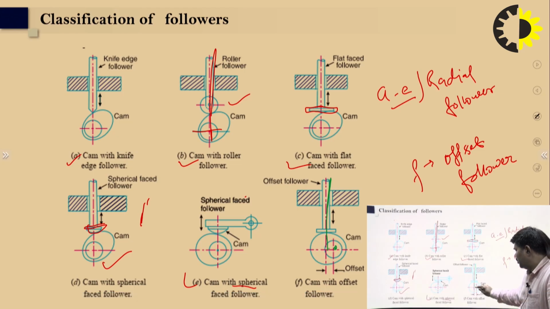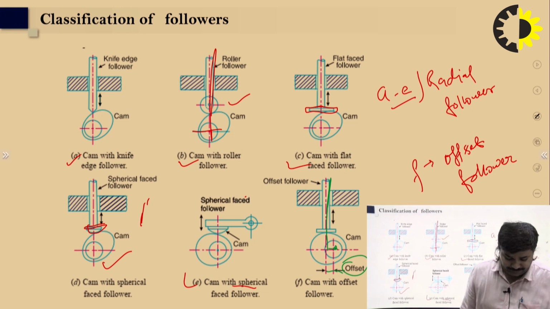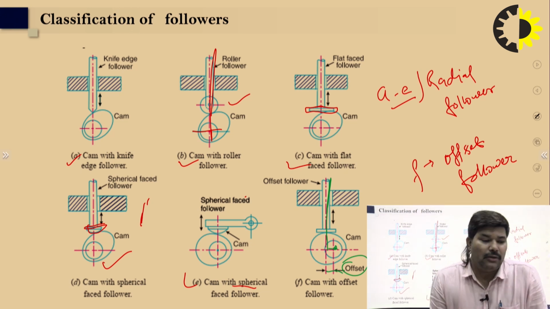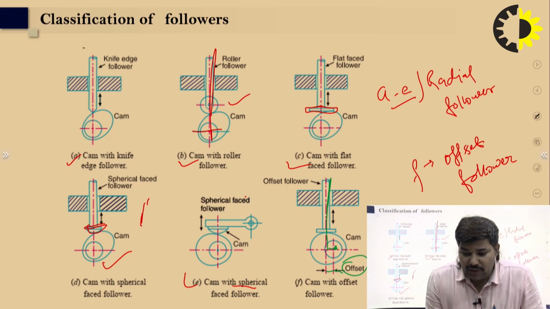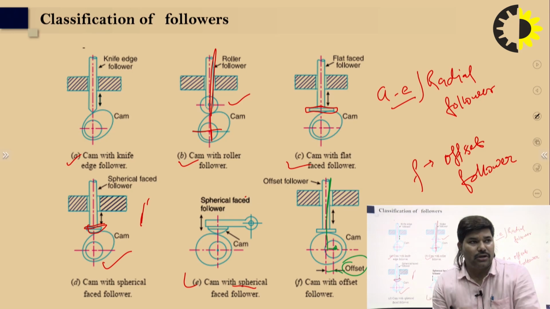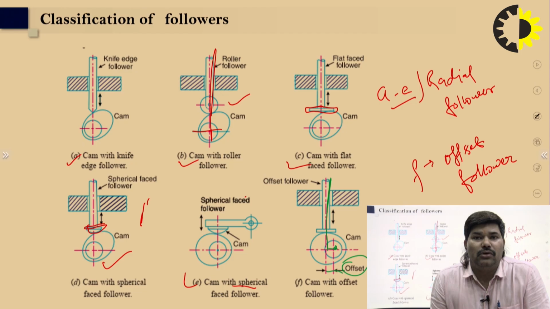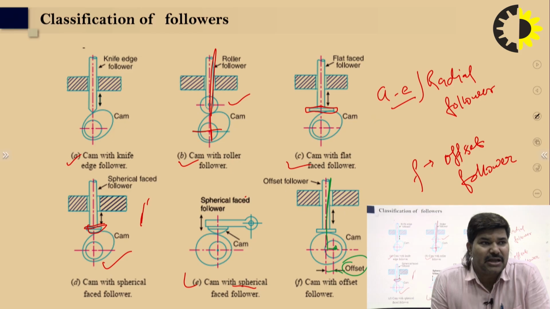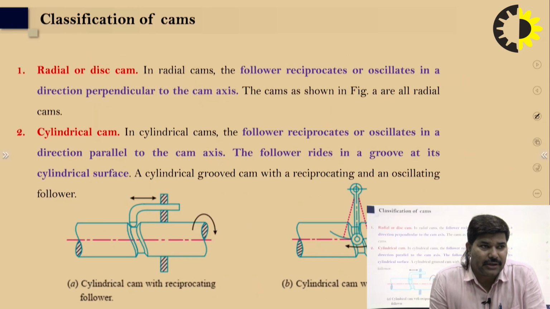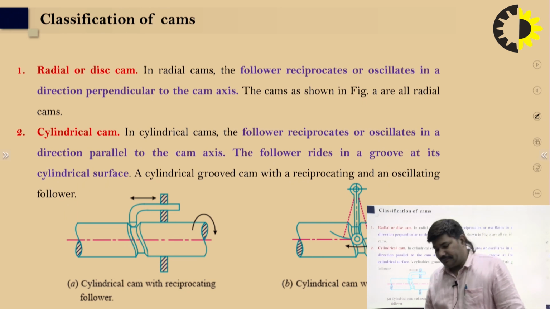The distance in between is known as the offset of the cam. If anyone asks, you can draw this figure and it is very easy to understand the difference between a radial cam and an offset cam. Just draw this figure and write that the line of action of the follower passes through the center point of the cam.